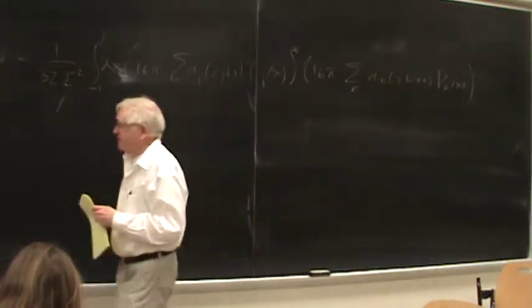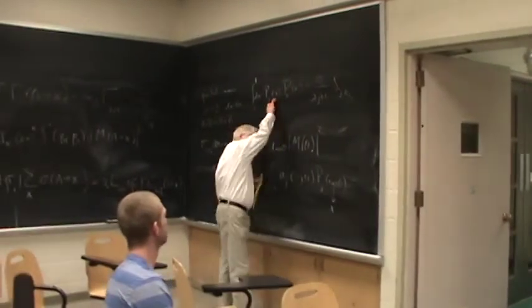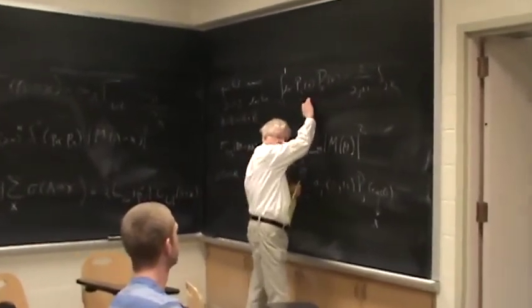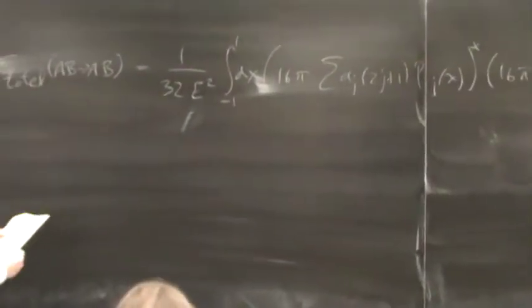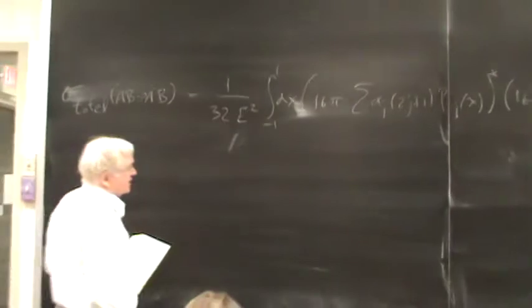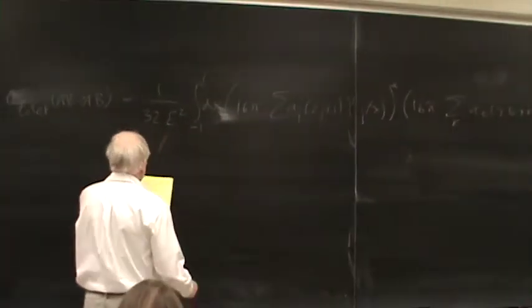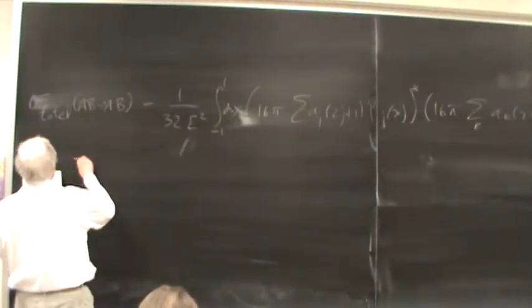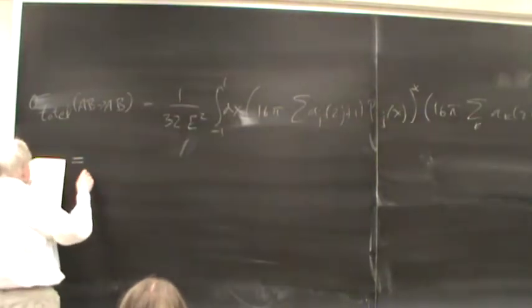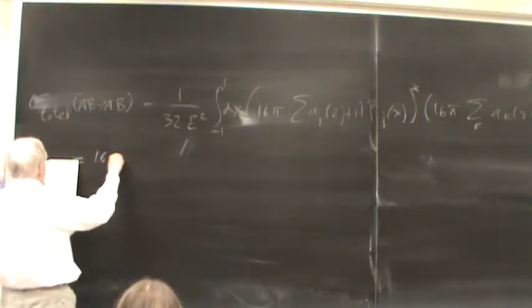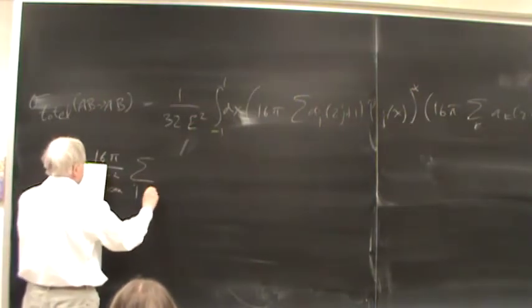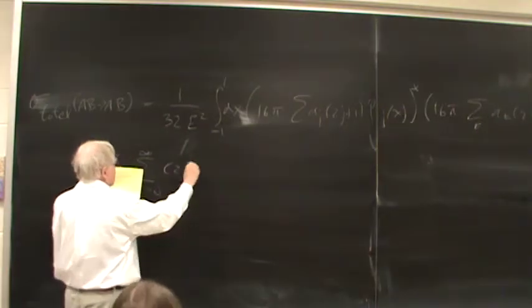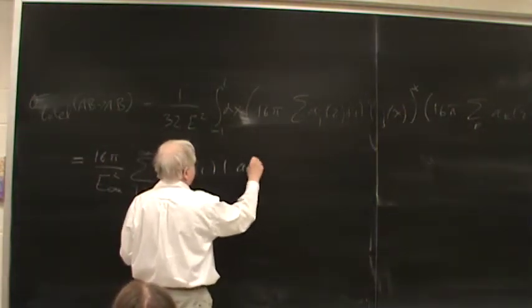The star is there because we need a star in the orthonormality. These guys are real because these are real polynomials in a real variable x. Okay, you use the orthonormality, and what you get is that this total cross-section is then 16 pi over e squared center of mass, sum j equals 0 to infinity, 2j plus 1, absolute value of aj squared.